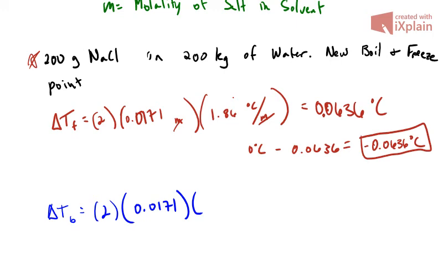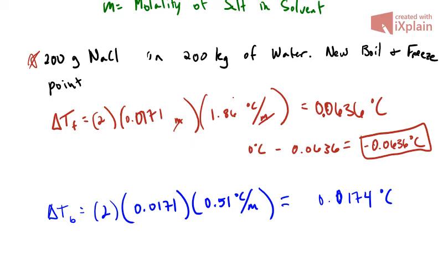That constant is specific to the boiling point, and that is 0.51 degrees Celsius per molality. Okay, so when we do this calculation, multiply everything together, we get 0.0174. Okay, that is degrees Celsius.